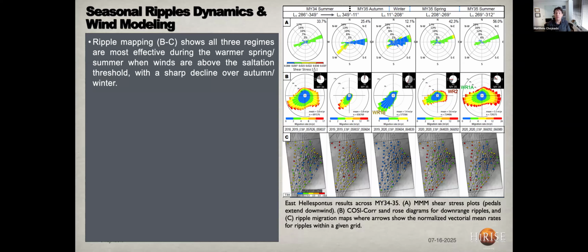So I assumed that we would see more rose petals towards the west, but it's really what's above shear stress and what's going to be most effective during the warmest times of year. Yeah, that was the biggest surprise to me when we first started looking at these simulations.